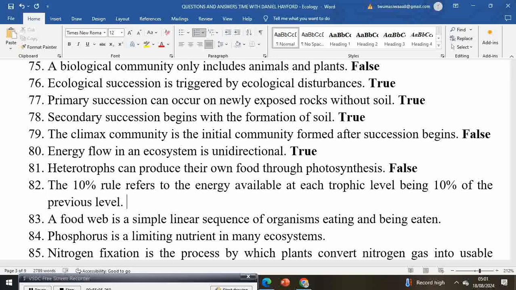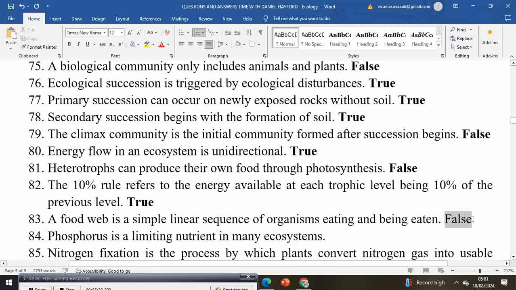Is this statement true or false? It is true. Now, a food web is a simple linear sequence of organisms eating and being eaten. This statement is false.